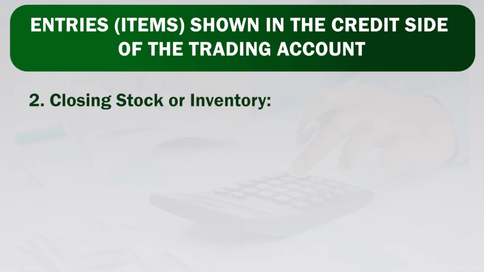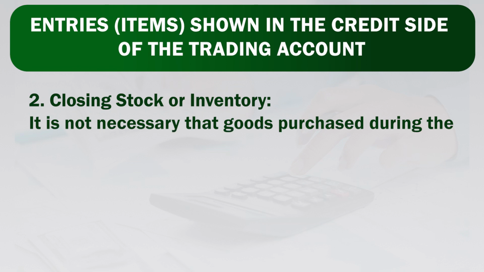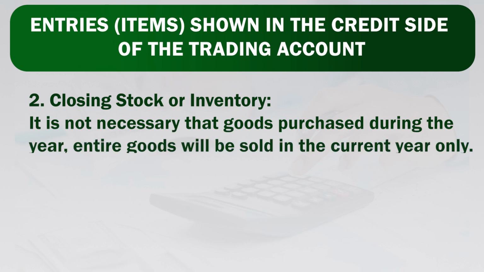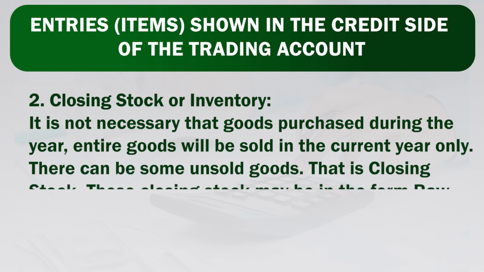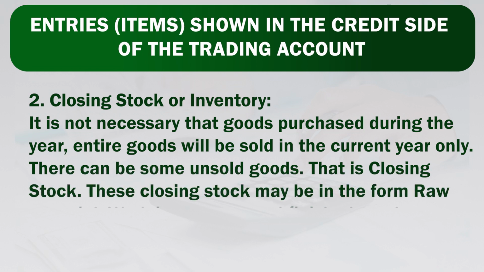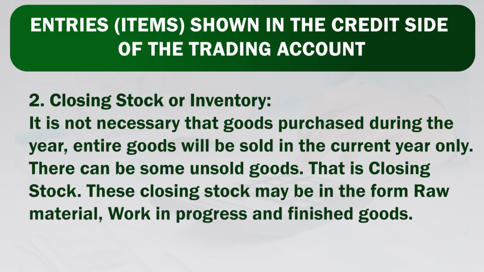The second item is closing stock or inventory. It is not necessary that the entire goods purchased during the year will be sold in the current year only. There can be some unsold goods, that is closing stock. This closing stock may be in the form of raw material, work in progress and finished goods.